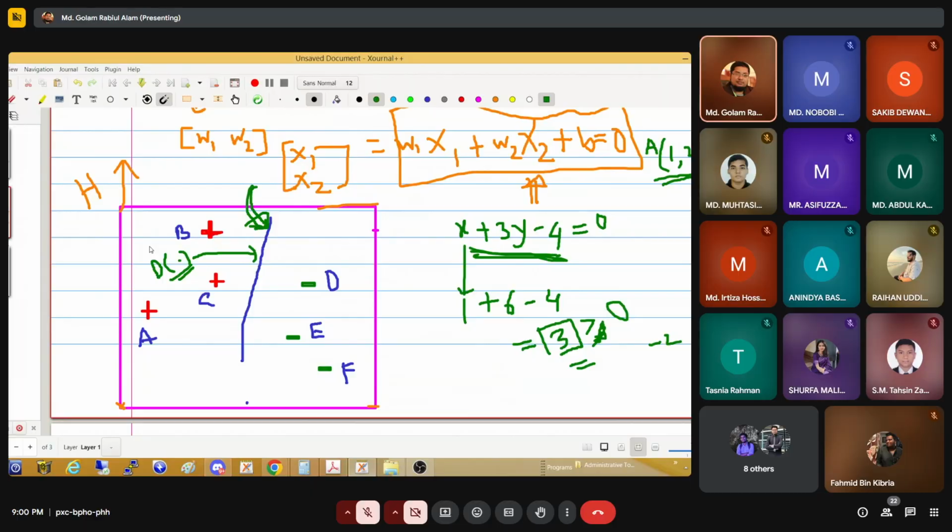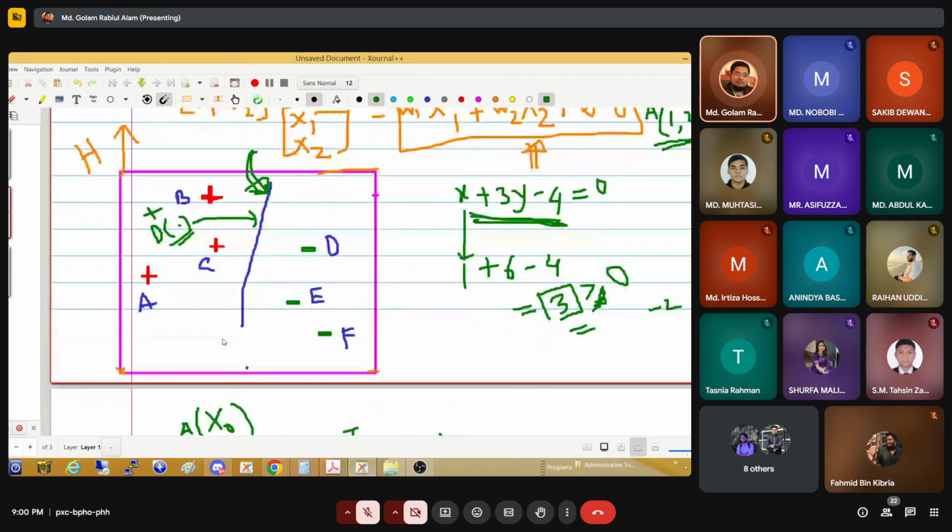It means D is above the hyperplane, so D is also positive. That means this hyperplane equation tells us the predicted label of the data point.